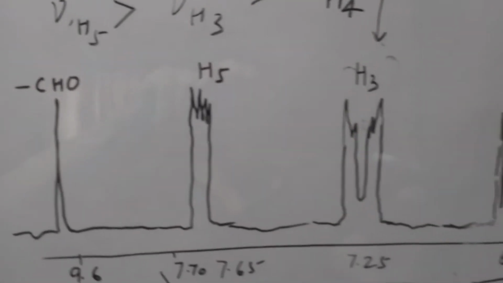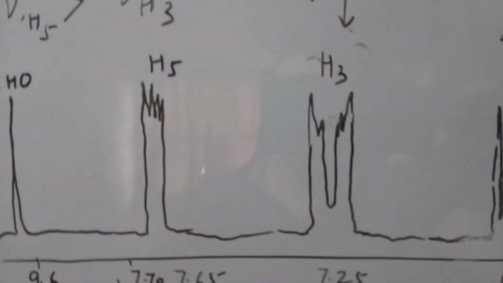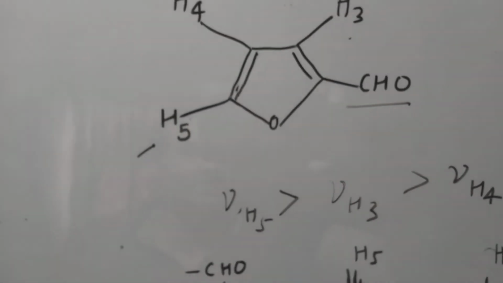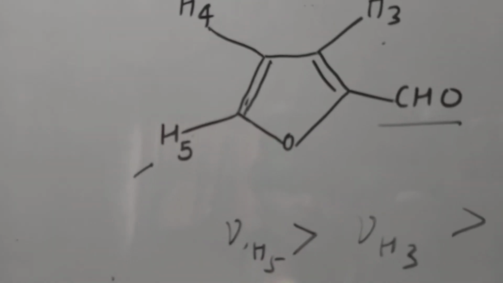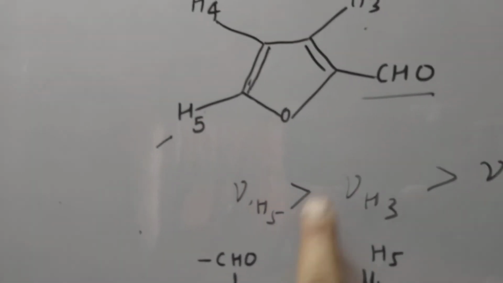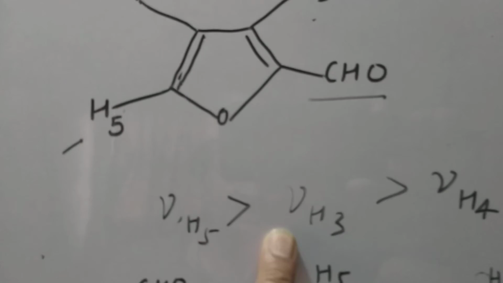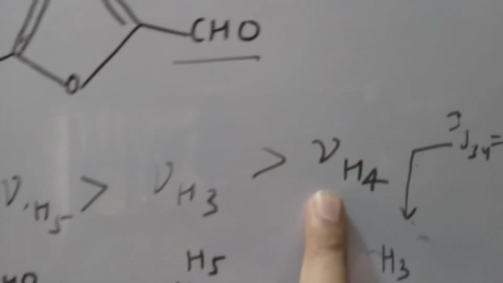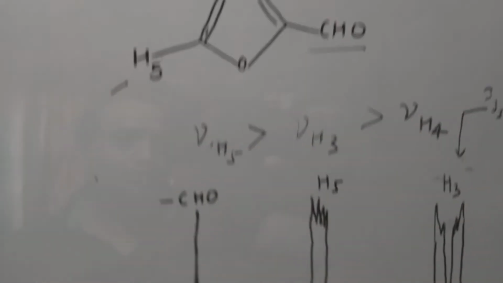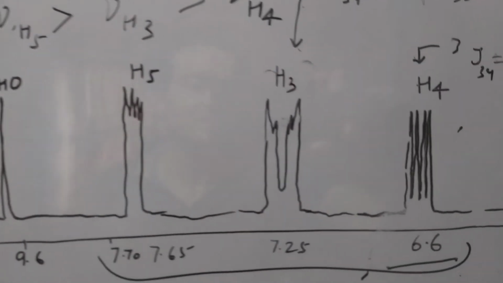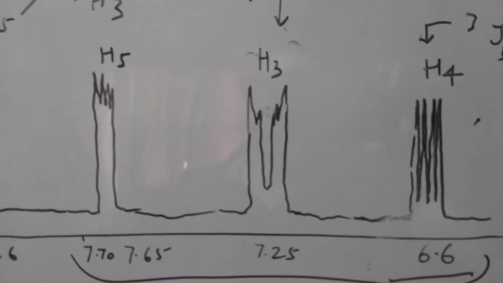So we are considering only these three peaks, and if these peaks are analyzed we can see the chemical shift value of the H5 proton is highest, that is, it will appear at low field relative to TMS, then H3, which in turn has a higher chemical shift than H4. And we can also explain the splitting pattern in this AMX type of spectrum.